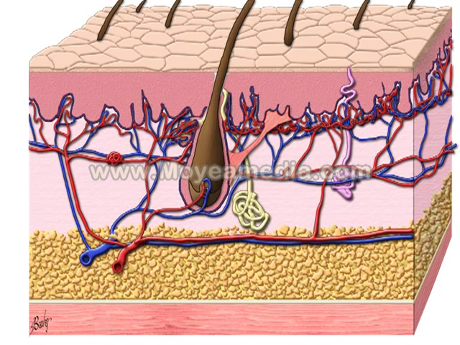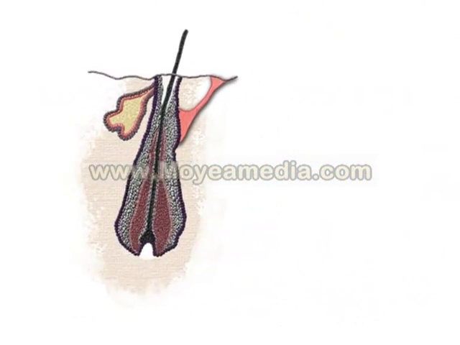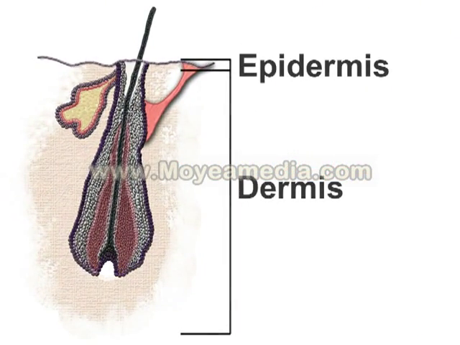We'll discuss the individual components of the hair follicle next. The hair follicle extends from the epidermis through the dermis into the subcutaneous tissue in most cases.